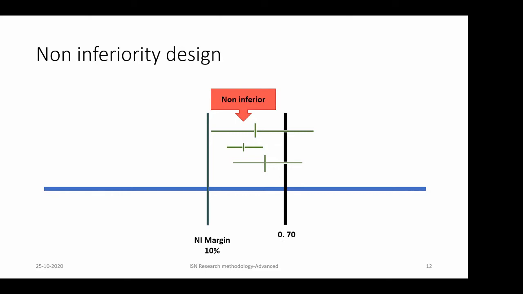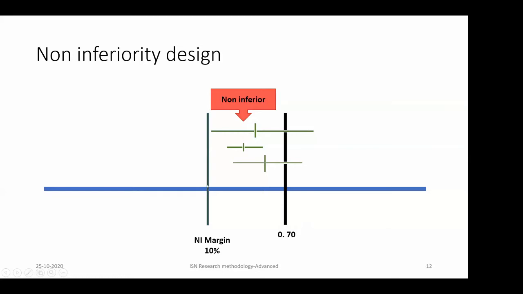So in non-inferiority trials, we select an acceptable margin which is somewhat lower than the efficacy of the current drug. And what we need to prove is that the effect of the new drug lies within this margin. For example, in this example, the standard of care produces a cure in 70%, and we are selecting a non-inferiority margin of 10%.